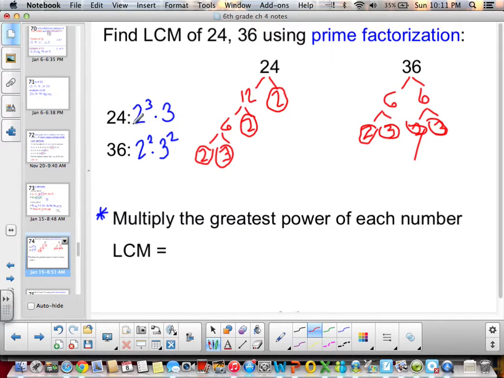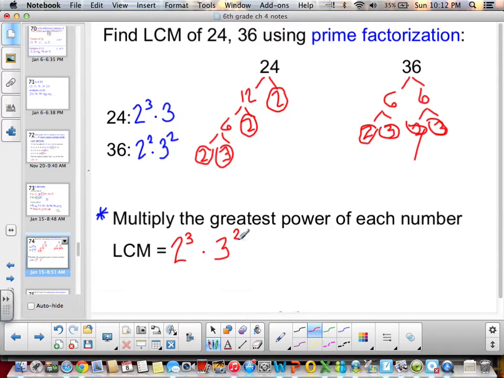So I'll show you a few different examples. For this one, they both have a 2, but we're going to take 2 cubed because cubed, or 3, is a greater power than 2 squared. So I'm going to take 2 cubed, and then I'm going to take 3 squared because squared is a greater power than 1.